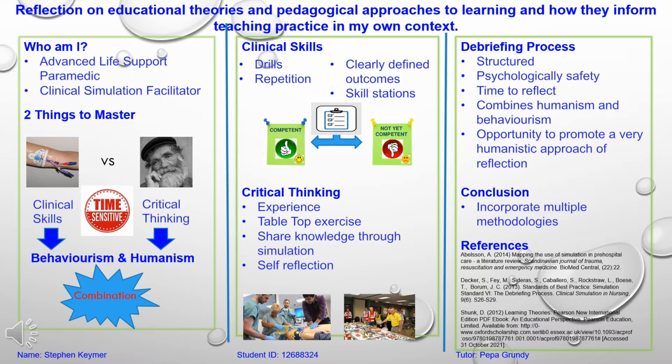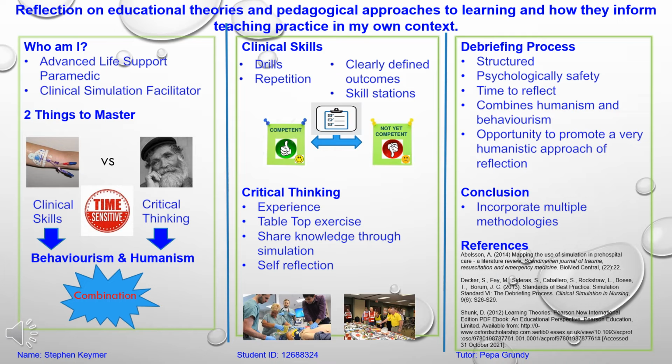Simulation is a very useful tool for medical education in that it avoids many of the ethical concerns regarding students treating real life patients. Other methodologies that can be employed in conjunction with simulation include didactic lectures, tabletop exercises, and self reflection. All of these are very humanistic in approach.